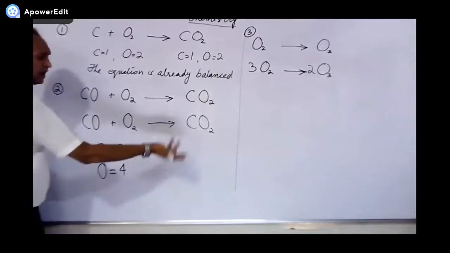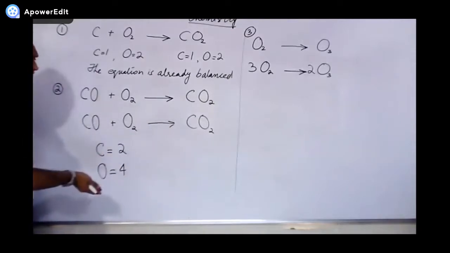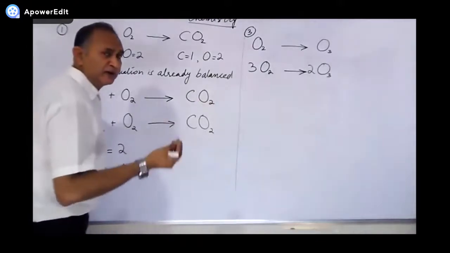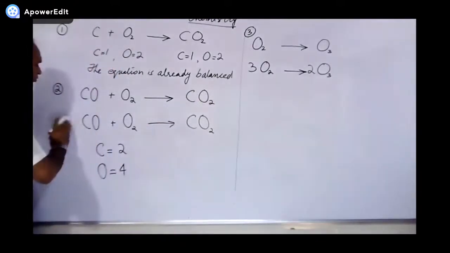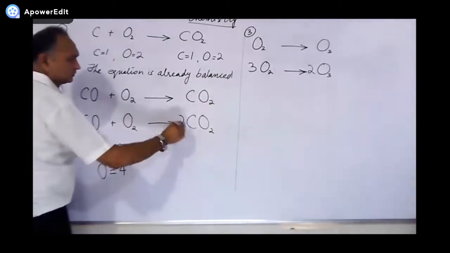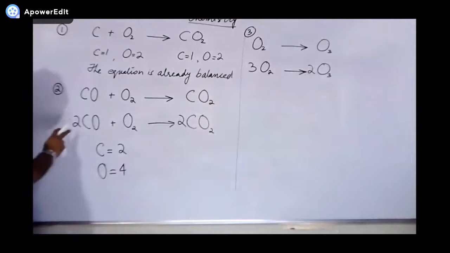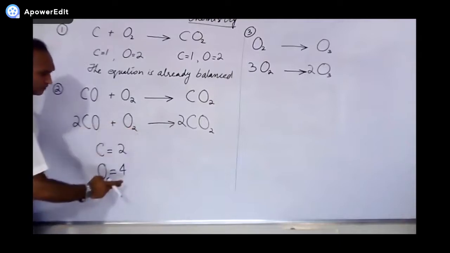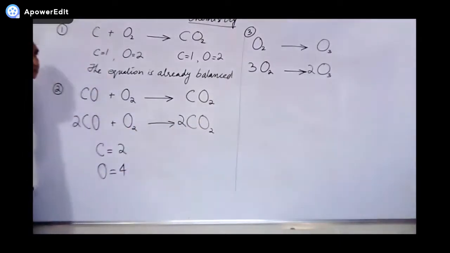One carbon, carbon balanced, but oxygen is not. So, which is the lowest number? I should begin with 2. So I wrote 2 over here. Now 2 carbons, 2 carbons, 2 oxygens, 2 oxygen plus 2 oxygen, 4 oxygen, and 2 times 2 is 4 oxygen. Okay?